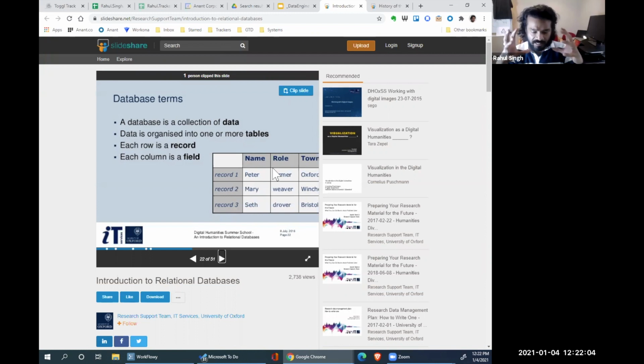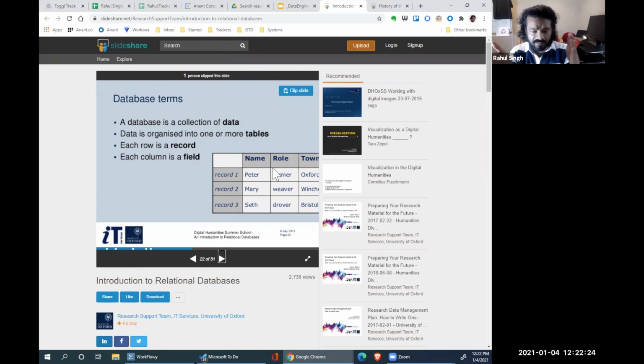It's important to think about this concept because when you store data in a relational database, you're potentially going to be joining tables together to get the data that you want. Each row is a record, and each column is a field.